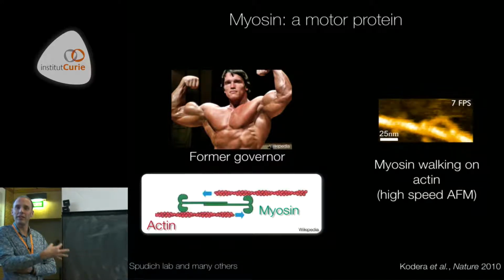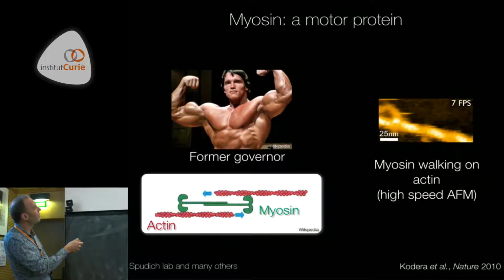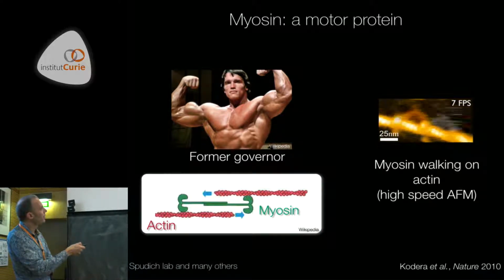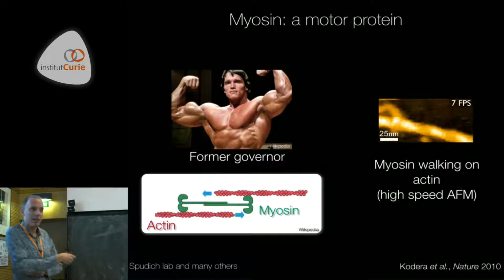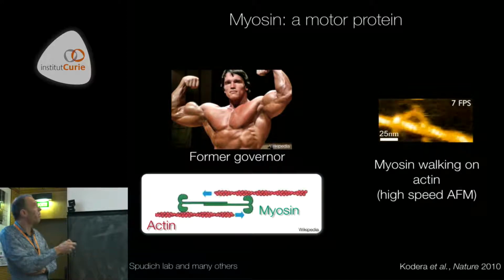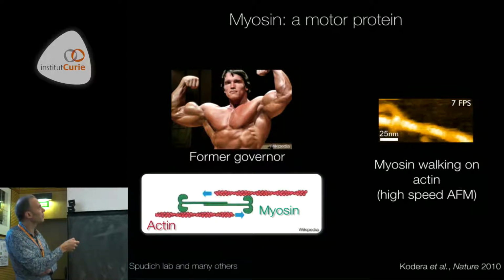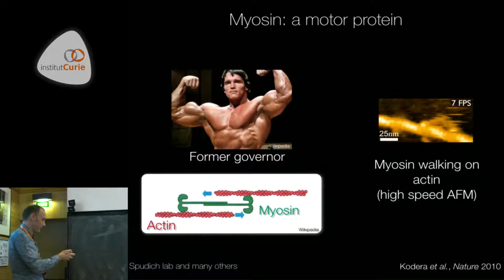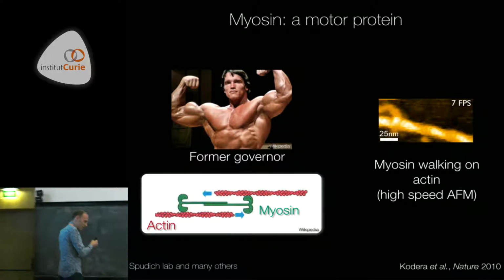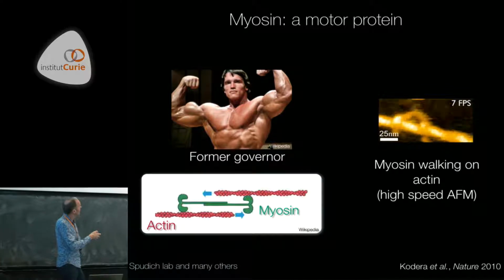Again, myosin burns ATP, and here's my favorite movie of all times, where you can see, this is ridiculous, these are high-speed AFM images. You record one such image every 7 times per second, and what you can see here is a double-headed myosin that's really walking along the actin filament. You can even see the pitch of the actin helix. I'm going to make a blunt, simple statement, which is, of course, a bit too simplistic.